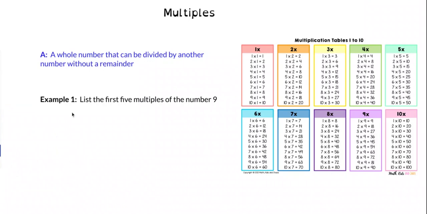The first multiple of 9 would be 9 times 1, which is 9. 9 times 2 is 18. 9 times 3 is 27. 9 times 4 is 36. And 9 times 5 is 45.